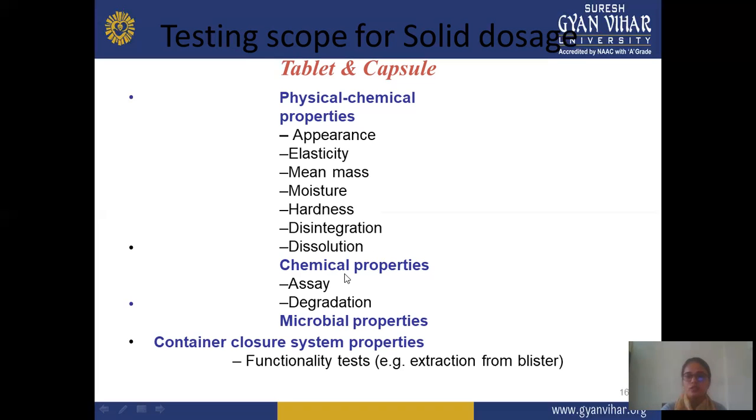In this, we assure that all types of packaging material and foil material are in good condition and do not interact with your formulation, and they should store your formulation in good condition for the time period. So you can check this container closure condition, and also interaction of drug with packaging material.